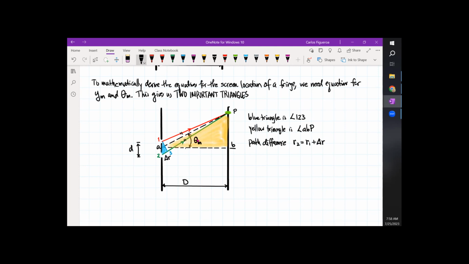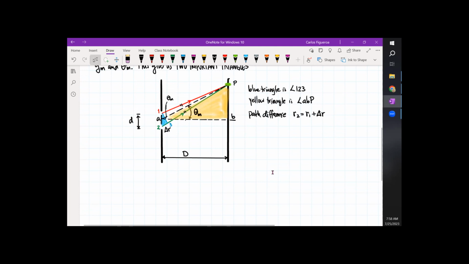And I'm going to say that this angle of the yellow triangle is going to be similar, it's going to be equal to this angle theta m right there. And I'll explain why I'm going to say that. So the first thing I'm going to do here is look at the blue triangle.